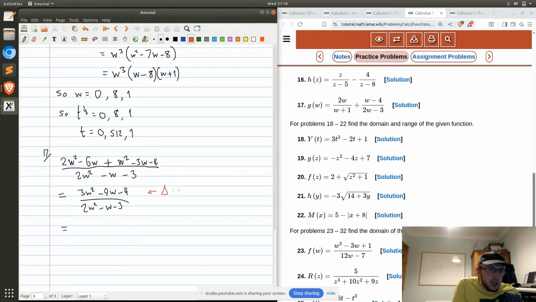That's 129, so you can't factor that one. So 1 plus. So that one you can factor that one.